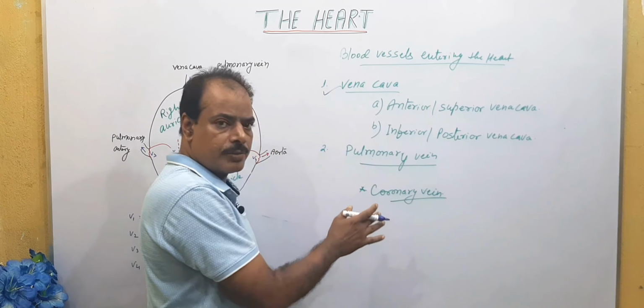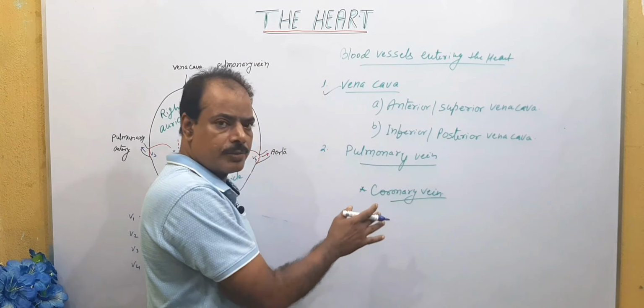Pulmonary vein, it carries oxygenated blood from lungs after oxygenation, and it is carried to the left auricle. It is coronary vein which collects and carries deoxygenated blood from the septa of heart chambers to the right auricle.